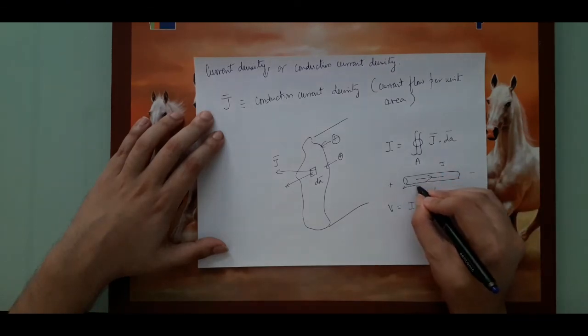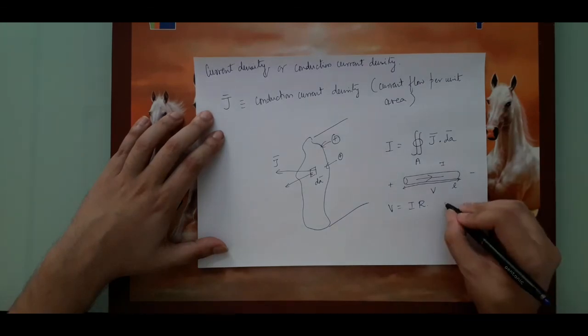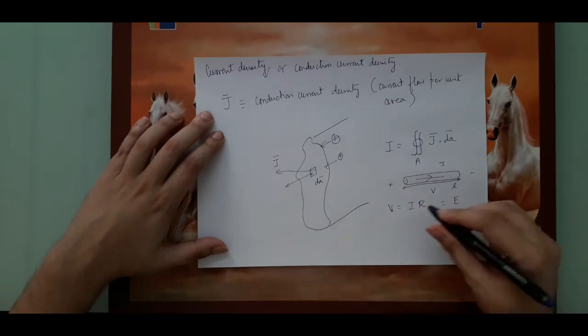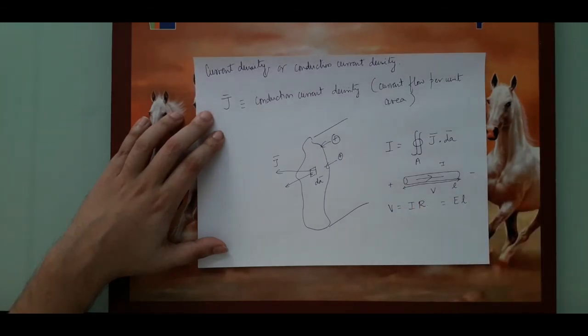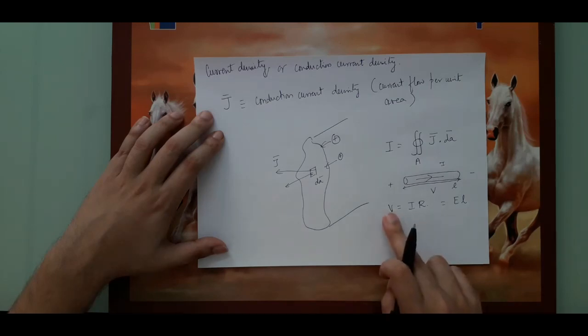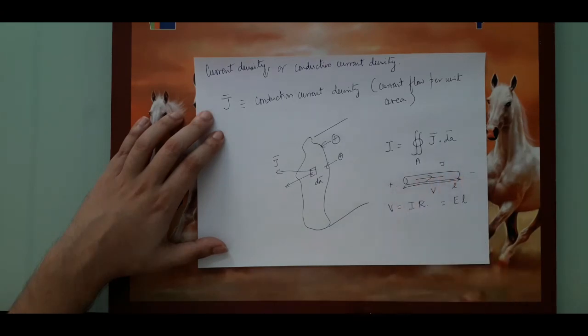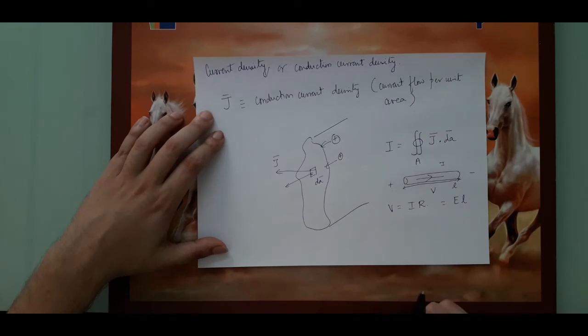Now if the length of this conductor is L, the magnitude of the voltage is nothing but E times L. Here the potential itself is doing the work of transferring the charges from one end to the other end, so therefore there is no minus sign. So IR is nothing but E times L.